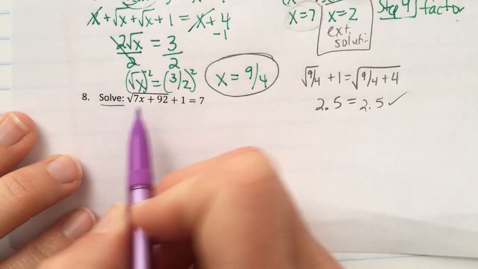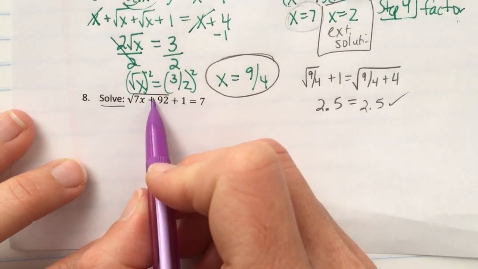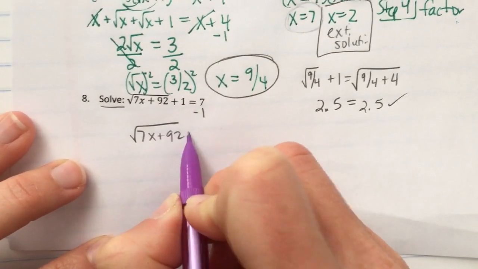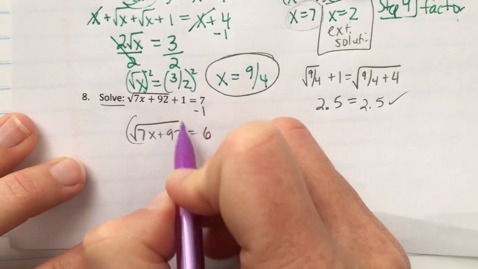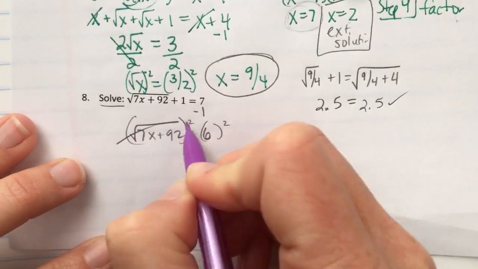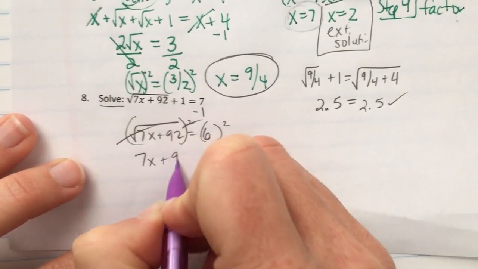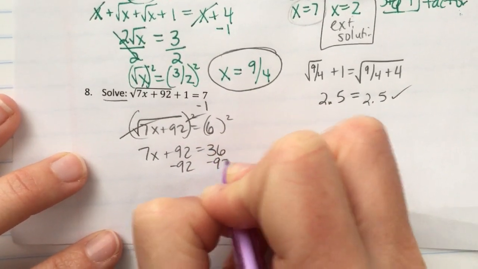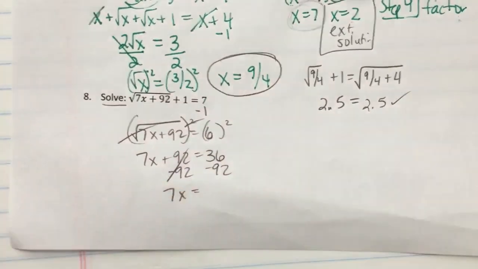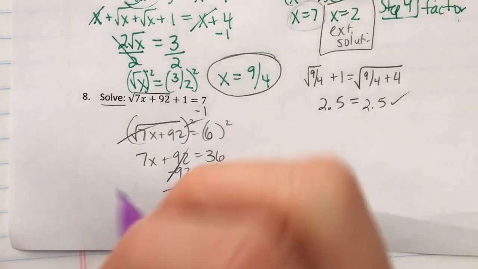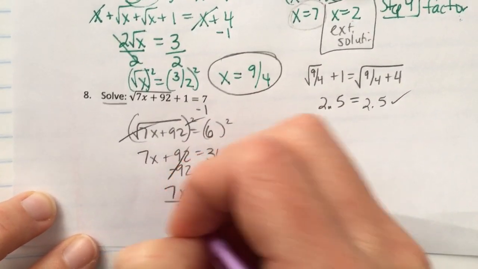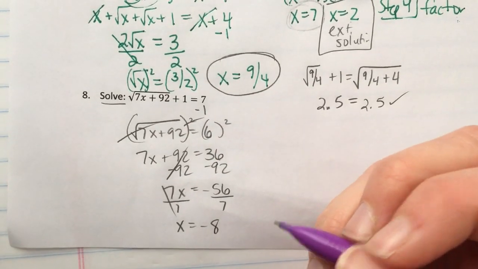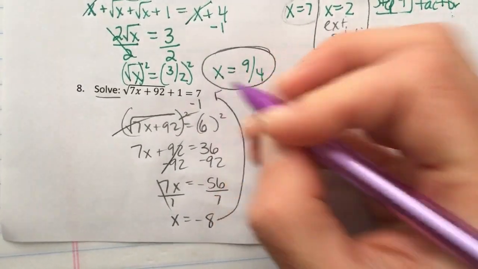All right, last one, number 8, solve. All right, remember you got to get the square root by itself, so I'm going to subtract 1. Then I'm going to square both sides. Square root and the square cancel. Then I'm going to subtract 92. And divide by 7. So I get x is negative 8. Remember, you got to check your answer, so let's plug it back in.